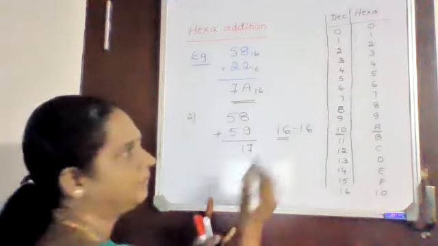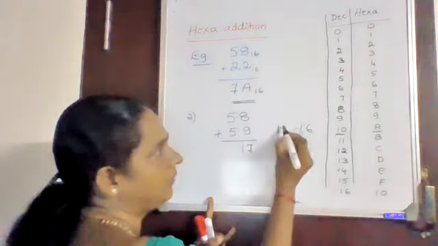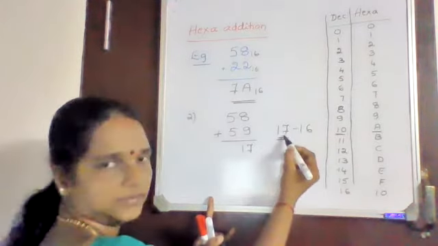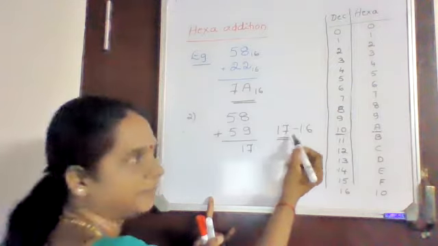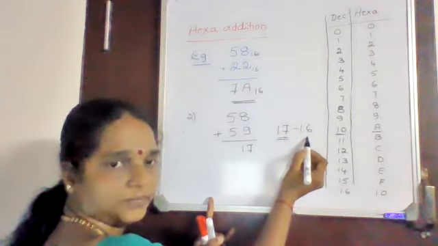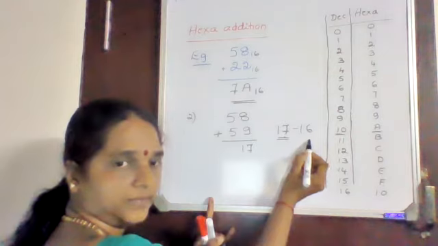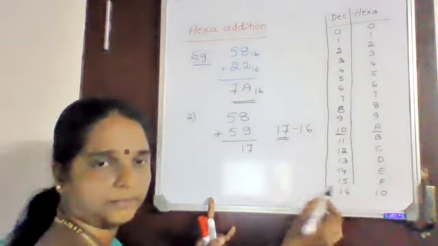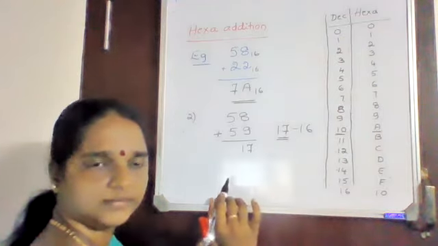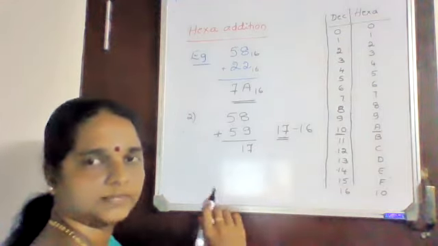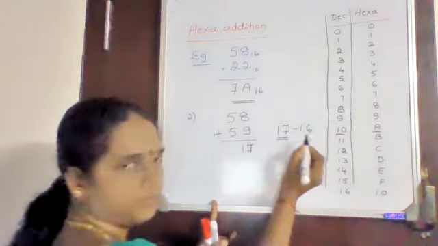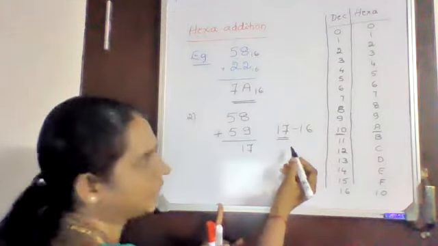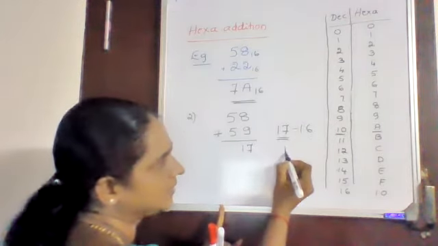What we have to do is subtract 16 from 17. 17 is the sum, because here we can write up to 15. Total numbers are 16, it is a hexadecimal number system. That's why, with 16 possible combinations, we have to subtract 16. So 17 minus 16 is 1.